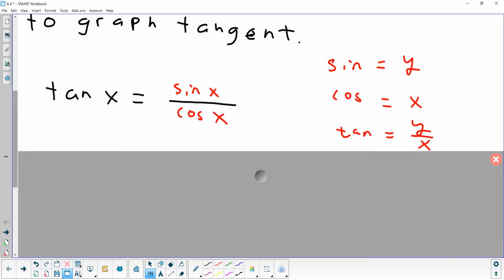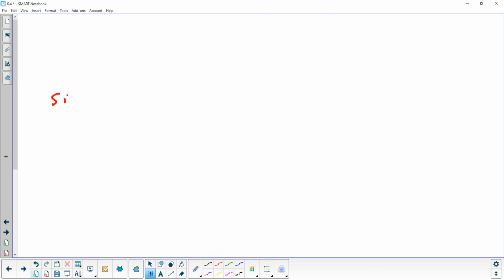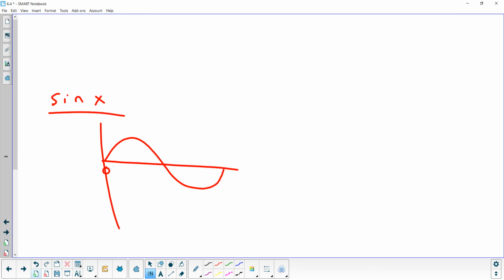Now, just a little bit of a refresher on what sine and cosine look like. Okay, sine, just the first cycle, looks like that. That's 0, pi over 2, pi, 3 pi over 2, and 2 pi.